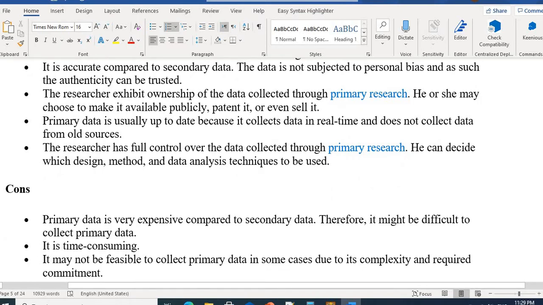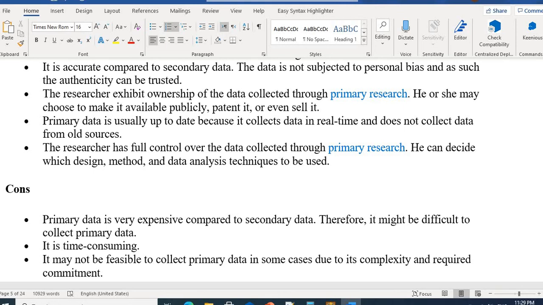Primary data is usually up to date because it collects data in real time and does not collect data from old sources. The researcher has full control over the data collected through primary research. He can decide which design method and data analysis techniques are to be used.